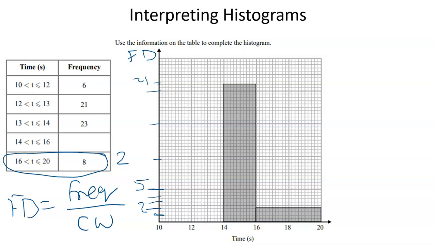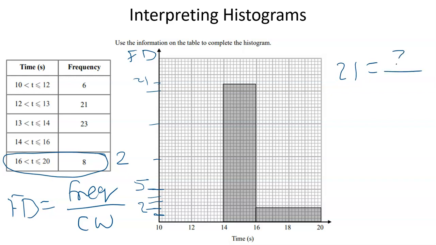As the frequency, not that we really need to know that, but sometimes they want you to fill in the table as well. So for this one, if we're going back to the table, we know that the frequency density is 21, so it's here, 21 equals the unknown frequency over the class width.